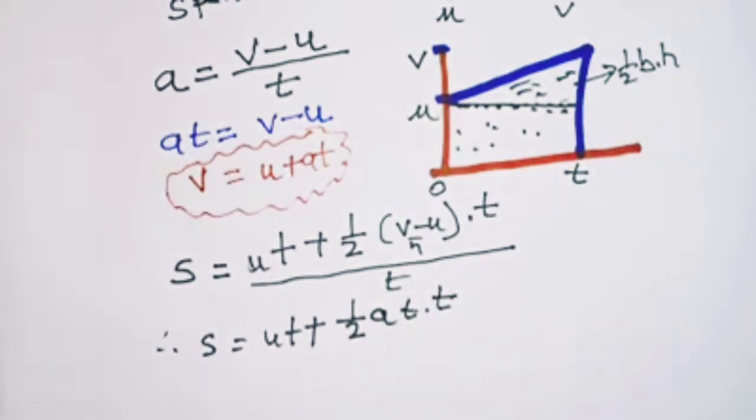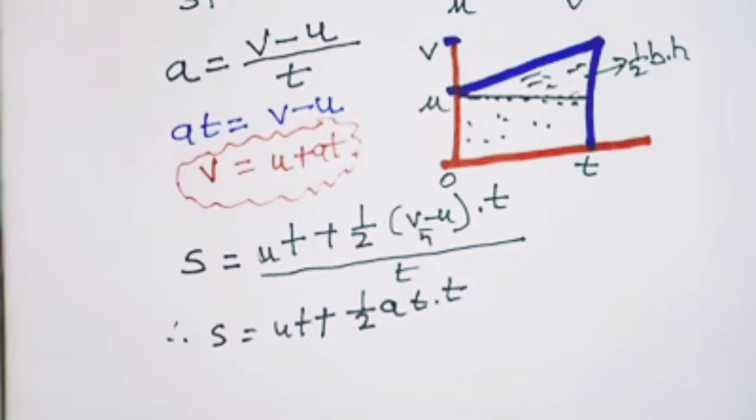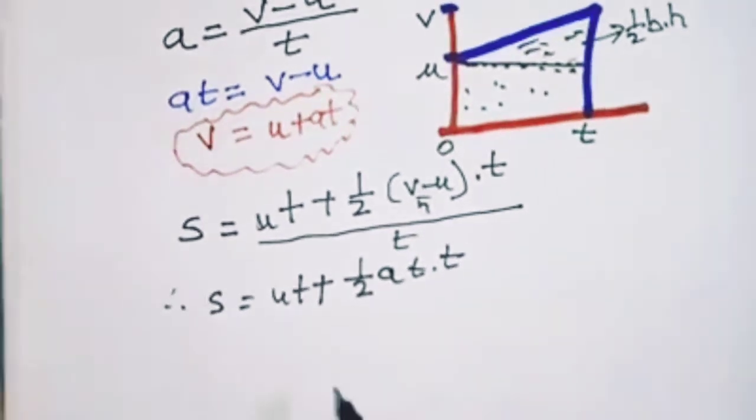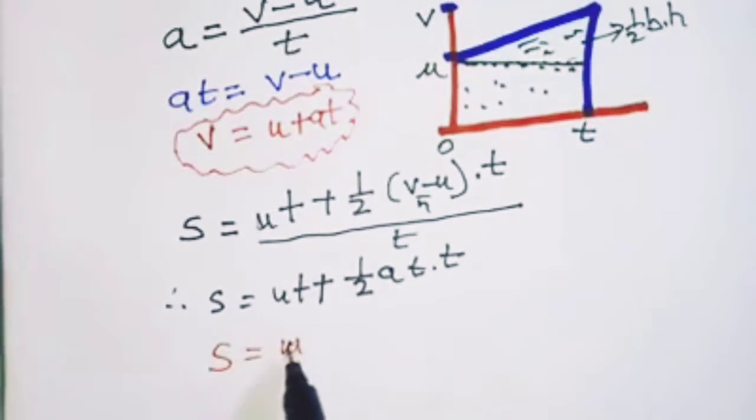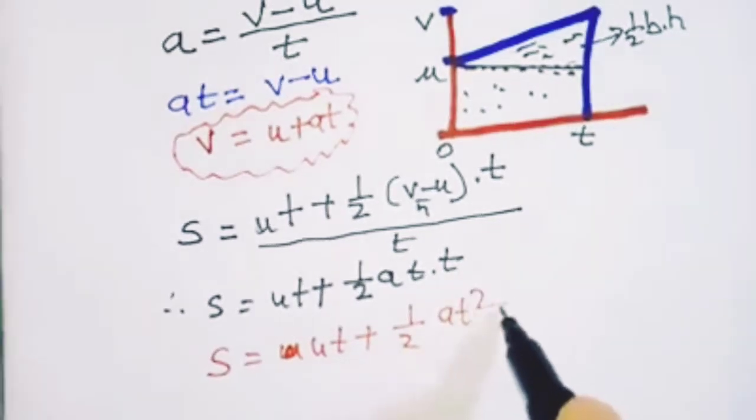And then we arrive at the second and most important formula. So we get from here S equals UT plus half of AT multiplied by T gives AT squared.